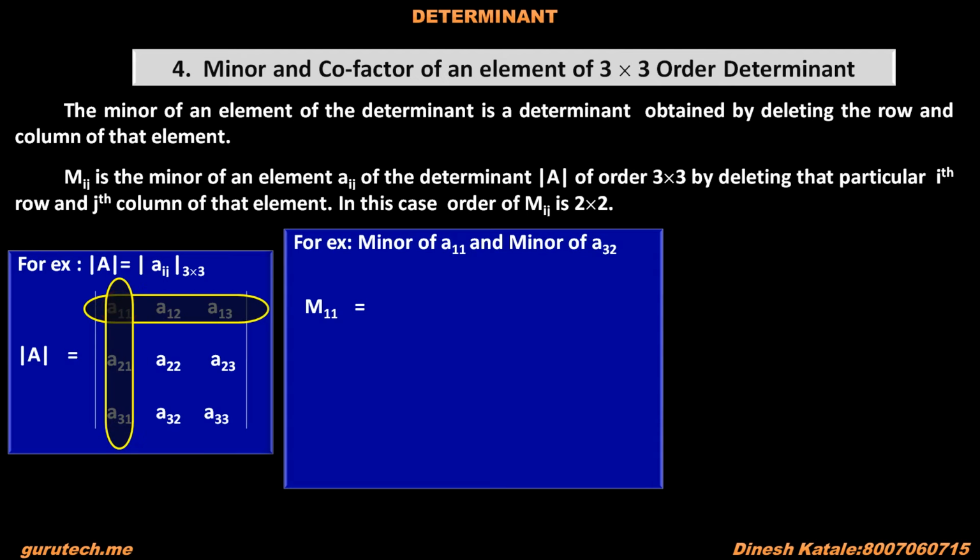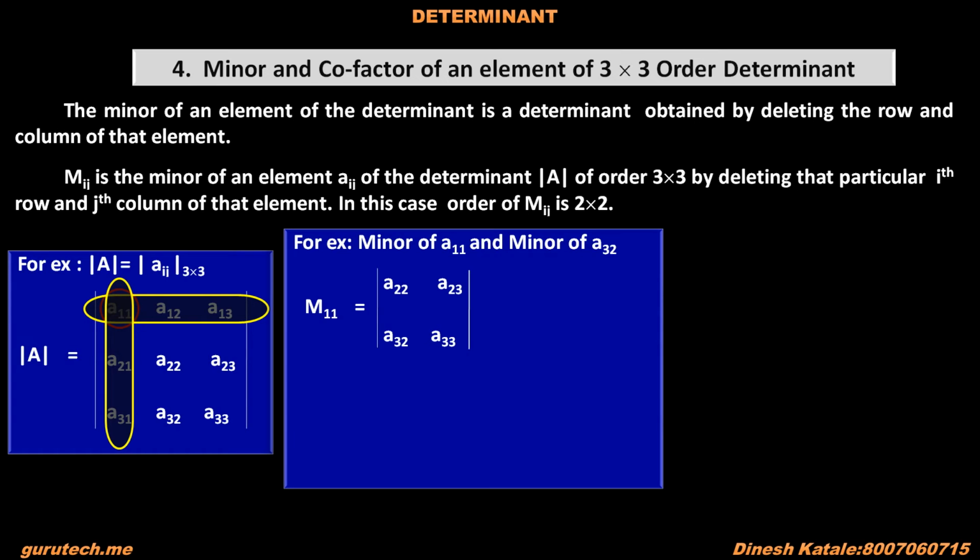Minor M11 is the minor of the element which is at the first row and first column. So by deleting first row and first column, the remaining part is the minor M11.